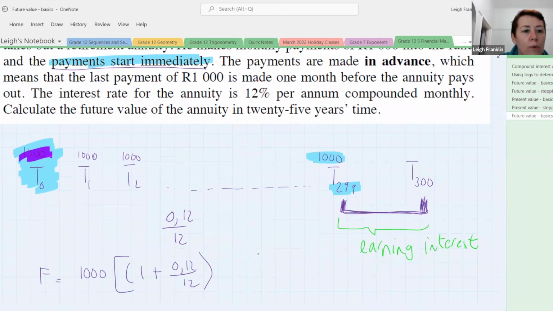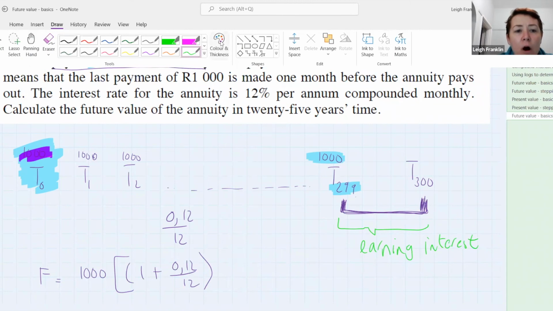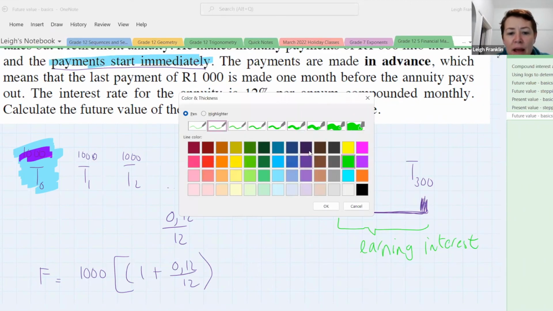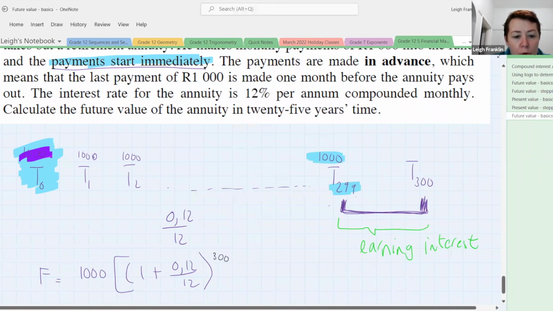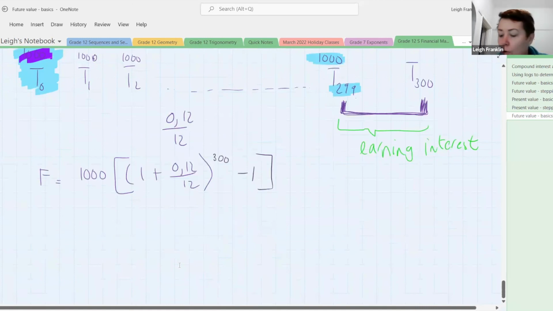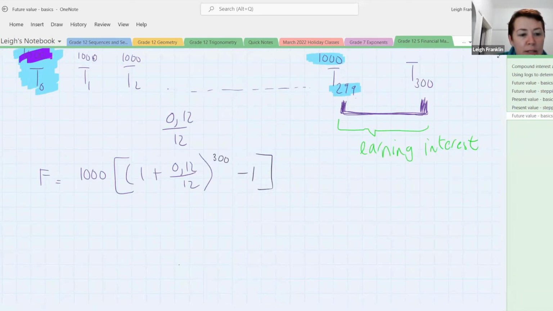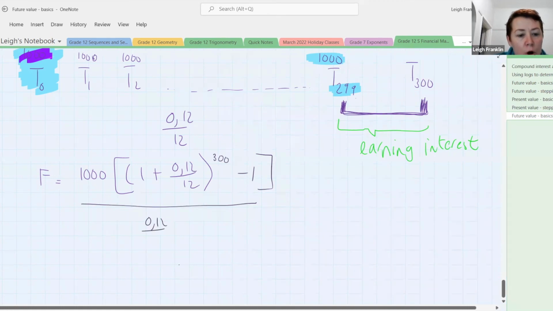So what we have here, Bocello and everybody else, is 300 payments that have been made, minus 1, all over our interest rate of 0.12 over 12.